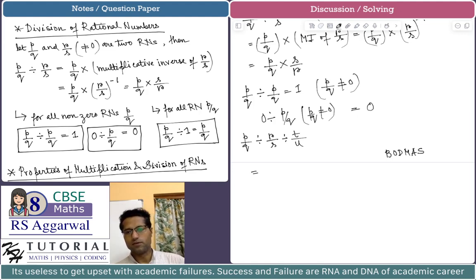Anyway, D for division, M for multiplication, A for addition, S for subtraction. So as per this rule, how do you evaluate this?